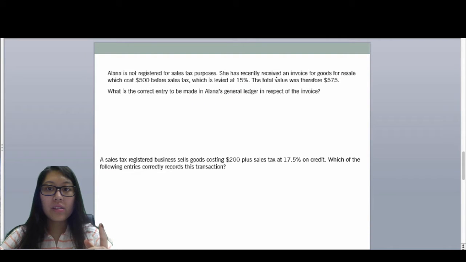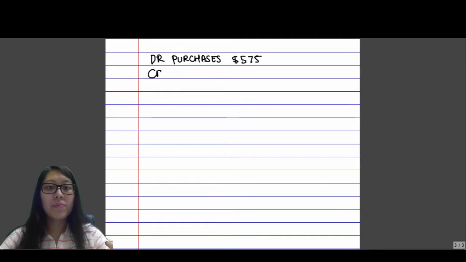It says she has recently received an invoice for goods for resale. So that means it's an invoice. She has not exactly paid for it yet. So we're going to assume that she has to pay to trade payables. So we're going to credit the trade payables account by also $575.